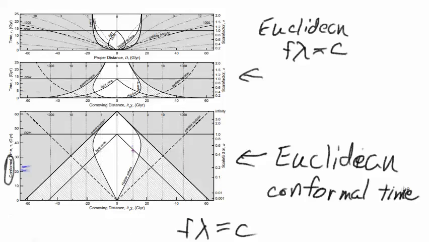It's weird. So I don't think we can apply f lambda equals c to get there in that direction. It only works in this direction.